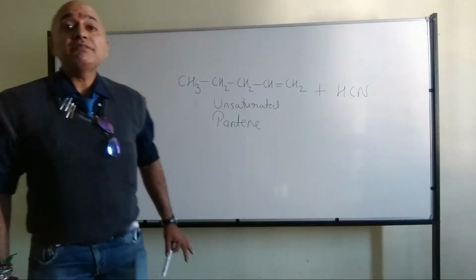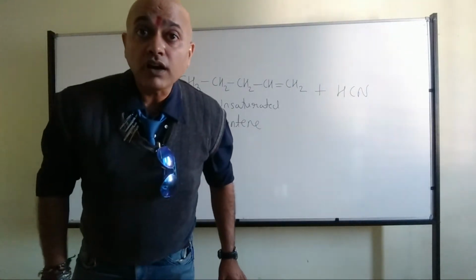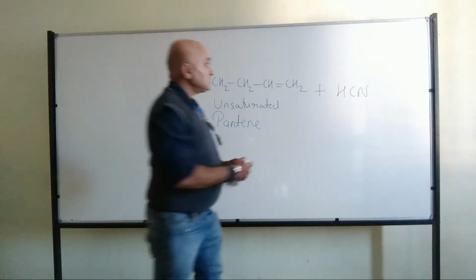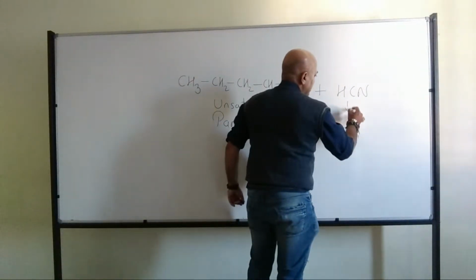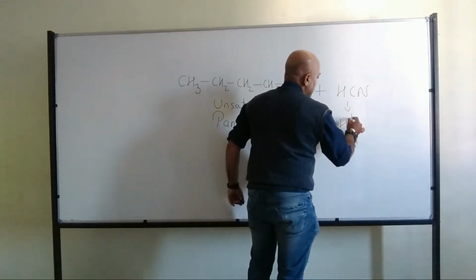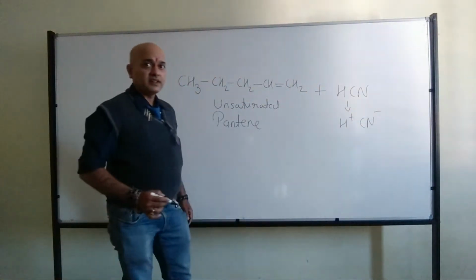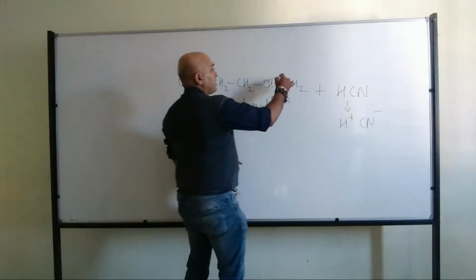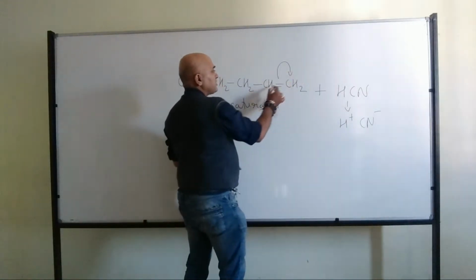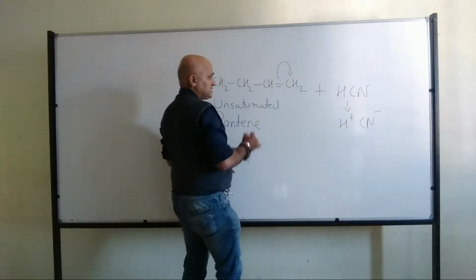Okay, but I will tell you that it is wrong. That is because hydrogen cyanide can be dissociated as H plus and cyanide minus, right? So the electron will be shifted like this because this carbocation will be stable.